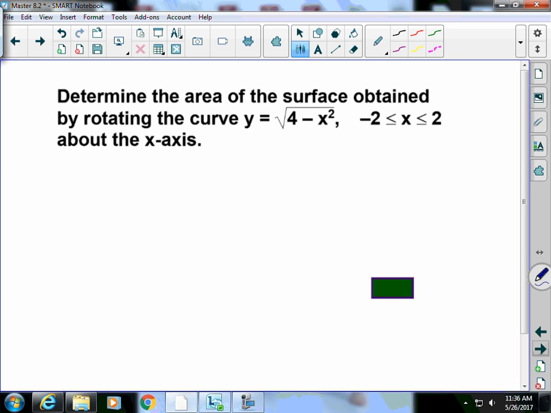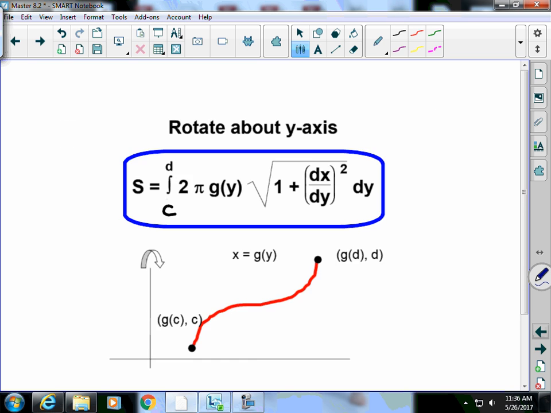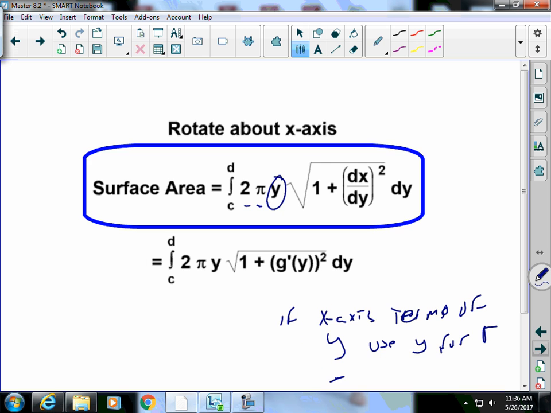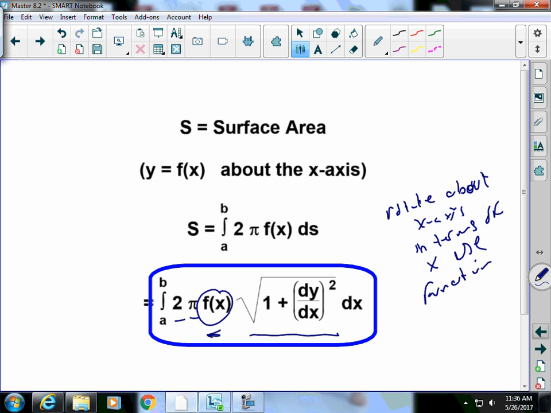So here we are. We've gone through quickly. It makes sense once we start working on this. I'm going to talk about what we have. I'm going about the x-axis, and I'm in terms of x. So it's 2 pi the function.